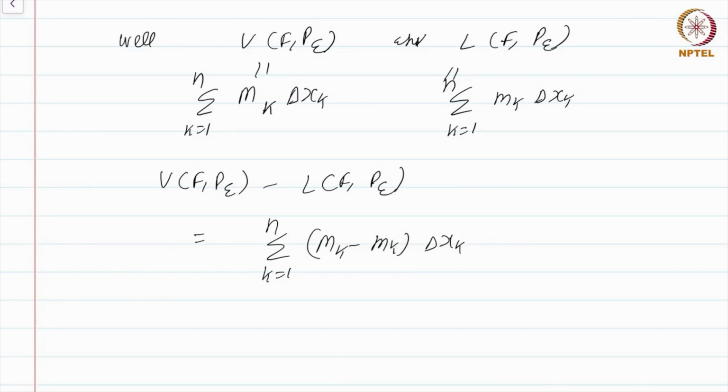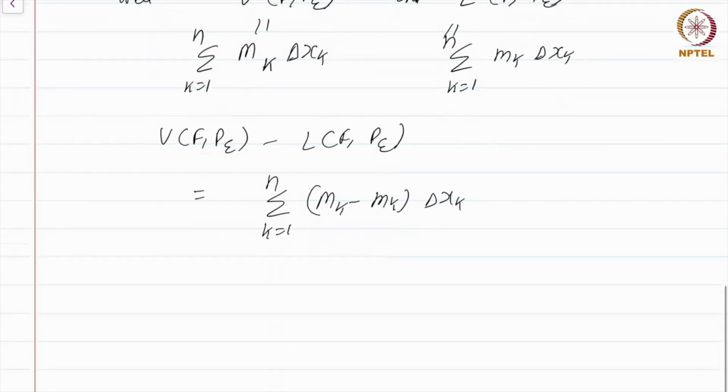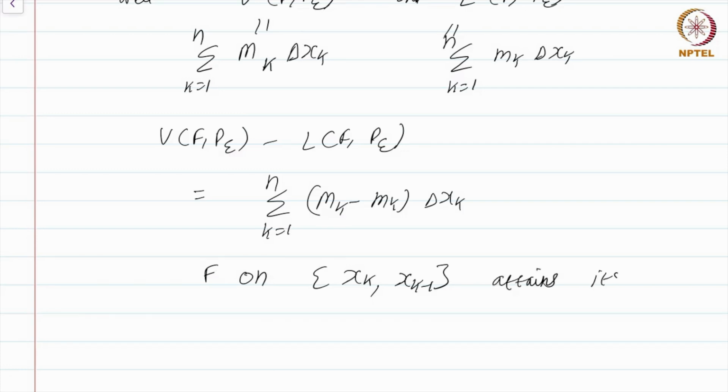Well, what do you know about capital Mk minus small mk? f is a continuous function. So consider f on the interval [xk minus 1, xk]. This f on [xk minus 1, xk] attains its maxima and minima.